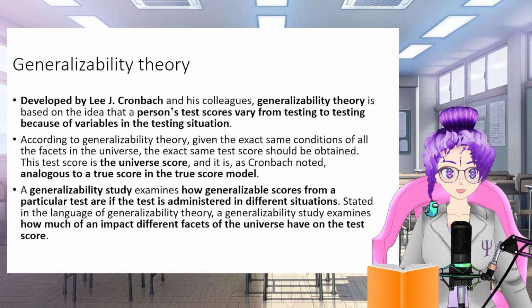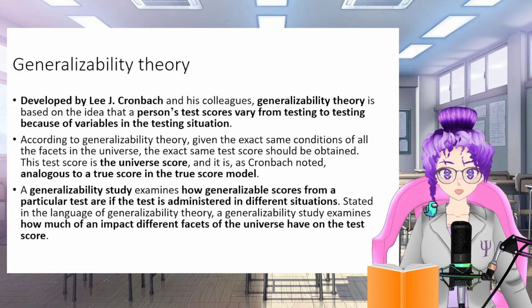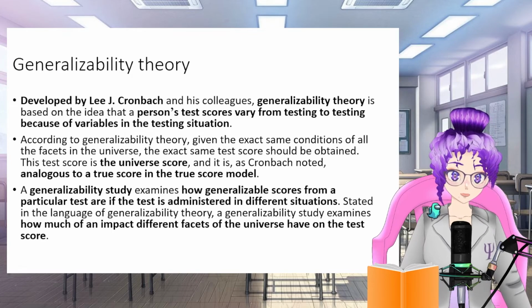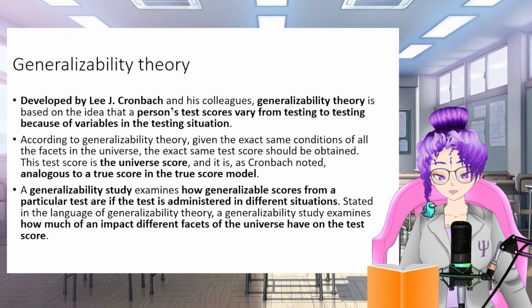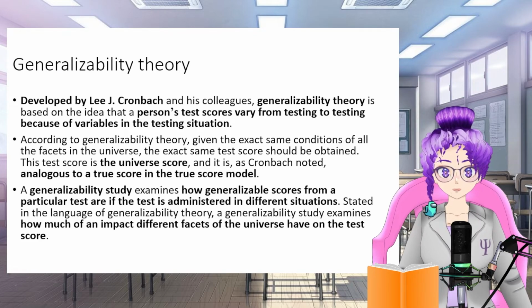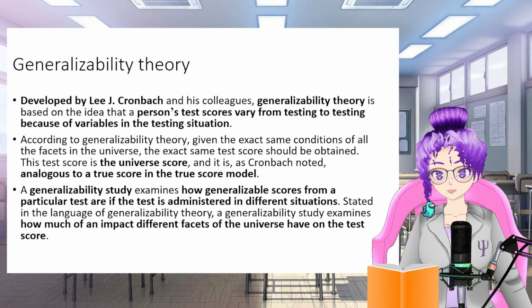So in the generalizability theory, they are more focused on the variables in testing situations, meaning the test administration, the test taker variables, and the nature of the test itself. They are more focused on that rather than the true score or the actual performance or ability of a certain person. So they call that test score a universe score.